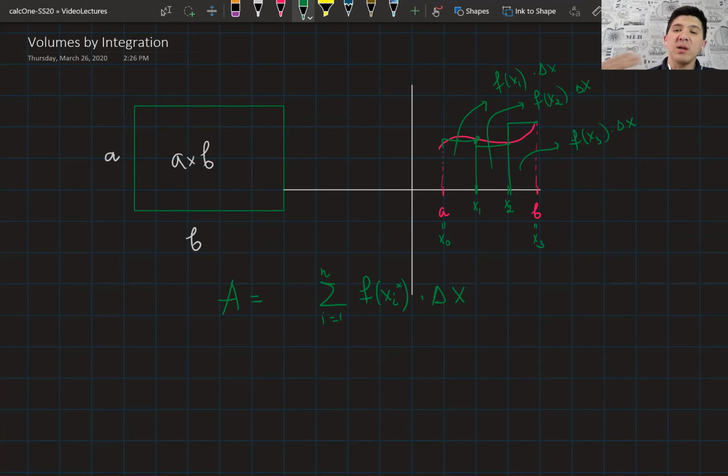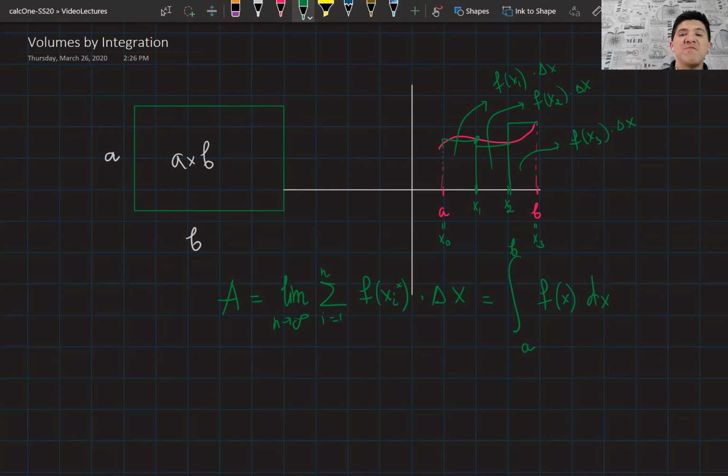If we take 600 rectangles, it's going to be even better. So its limit when n goes to infinity gives us the exact area, and we write this as the definition of the integral: we integrate our function with respect to x from a to b. This is the fundamental idea of how we're going to find the volumes.